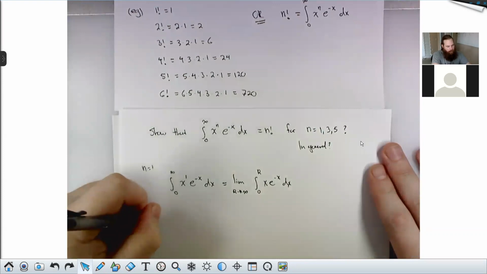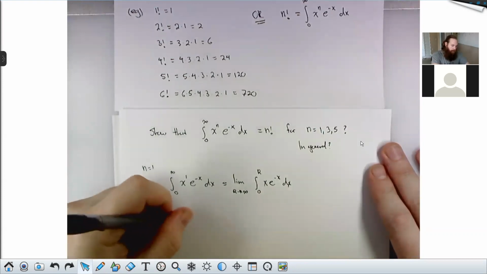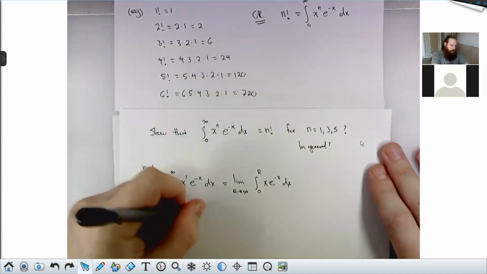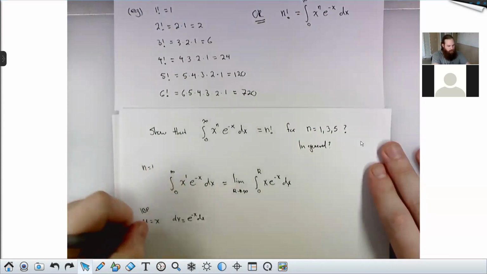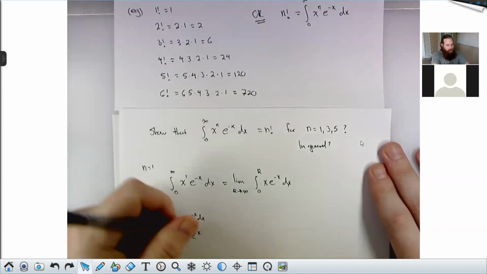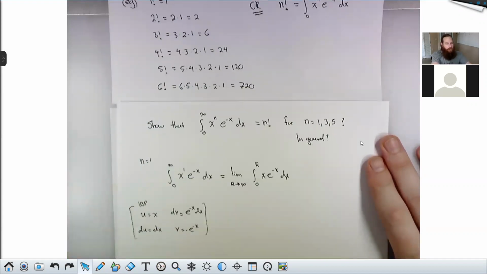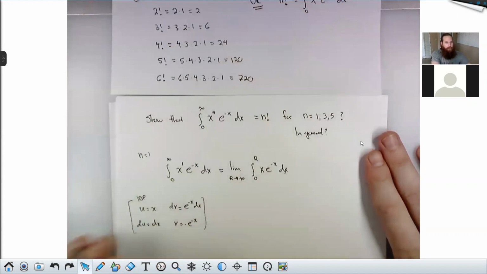So here I'll pick u to be my polynomial following the LIATE rule, and dv to be everything else. That's e to the negative x dx. du is then just 1 dx, and v is negative e to the negative x. So I have some IBP going on inside my improper integral.